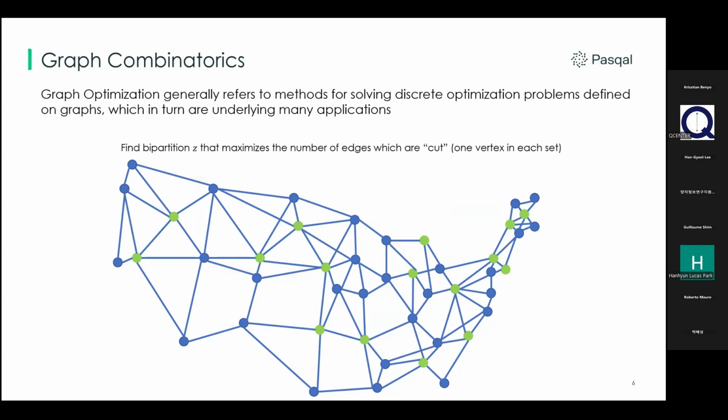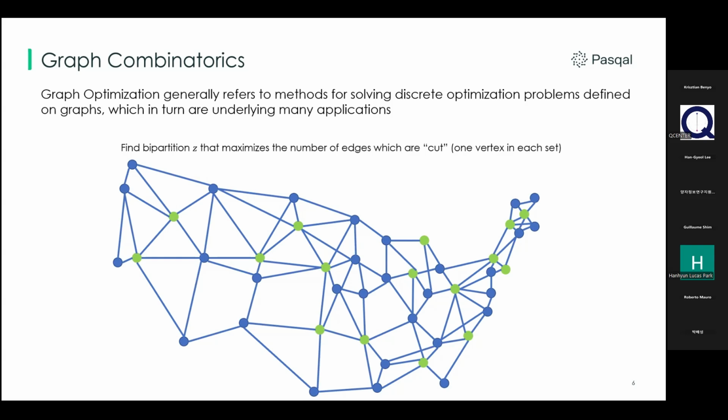So basically what you would need to do is to put part of the nodes on the left-hand side, the other part on the right-hand side, and you want to ensure that the number of edges that run between the left and the right-hand side is the maximum possible, in order to cut, in order to separate this.